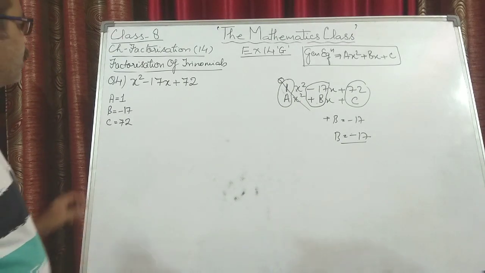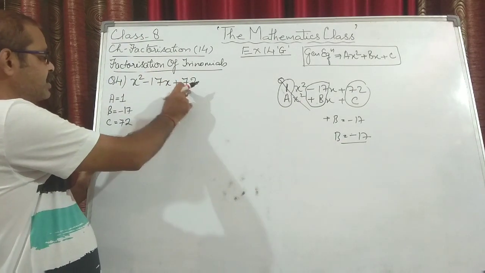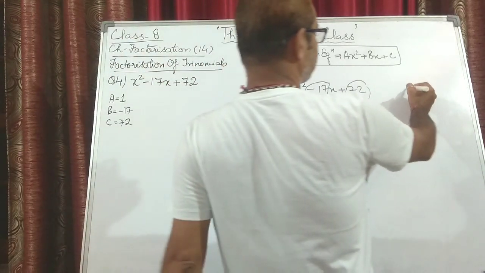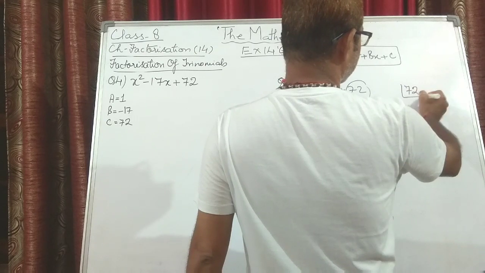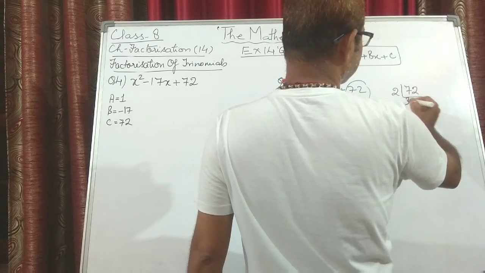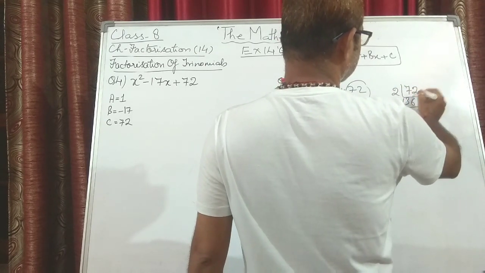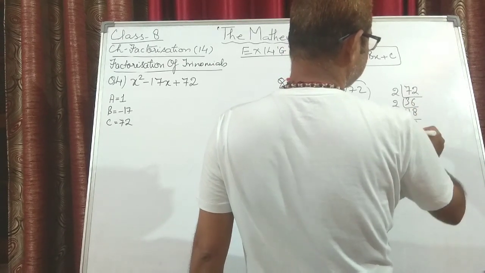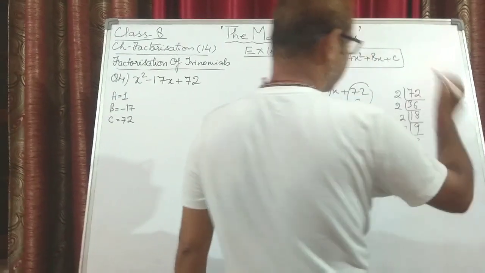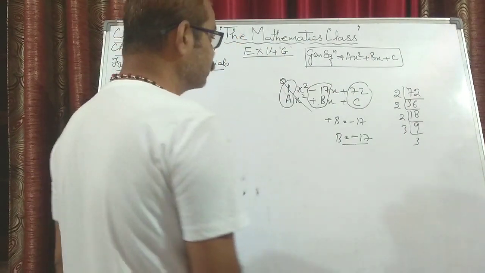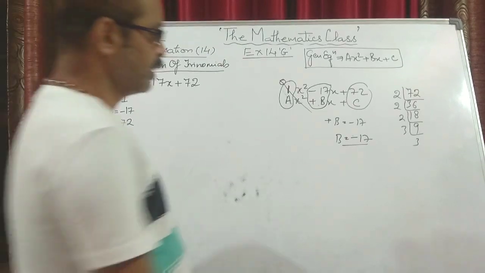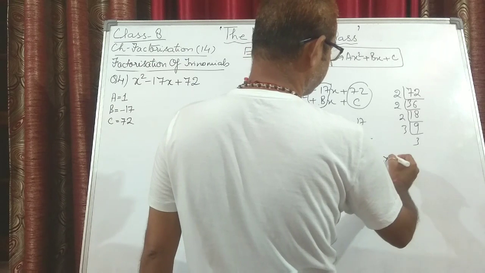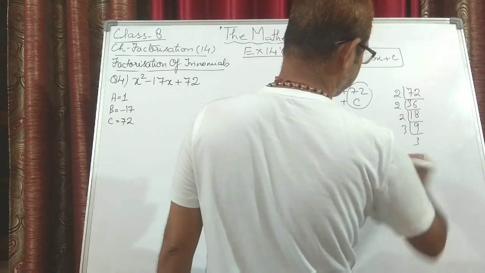Now, what we do, we multiply a and c, 1 and 72. So 1 into 72 is 72 and we'll factorize. Dividing by 2, 36, 2, 18, 2, 9, and 3 3s are 9. So 72 can be written as 2 into 2 into 2 into 3 into 3.